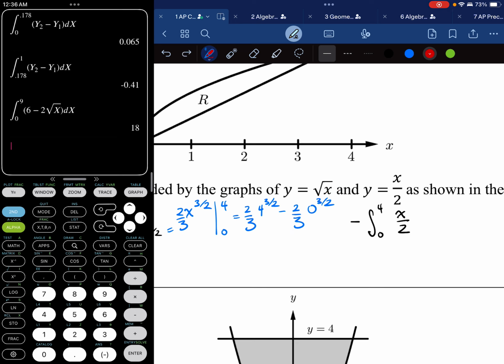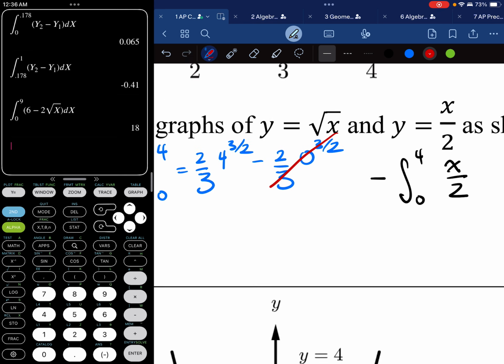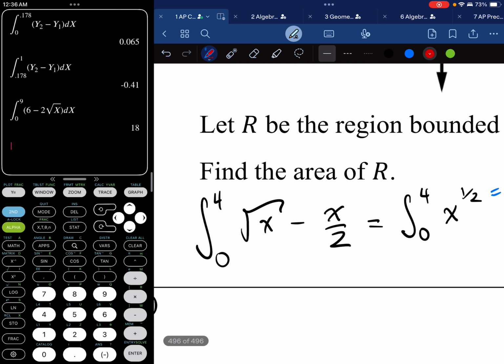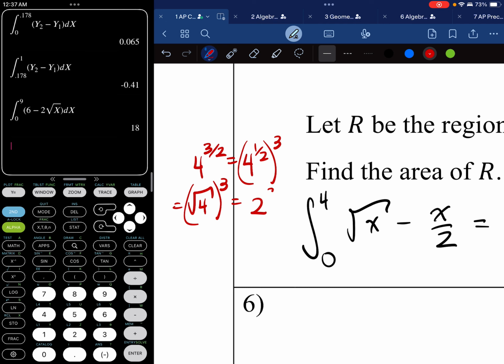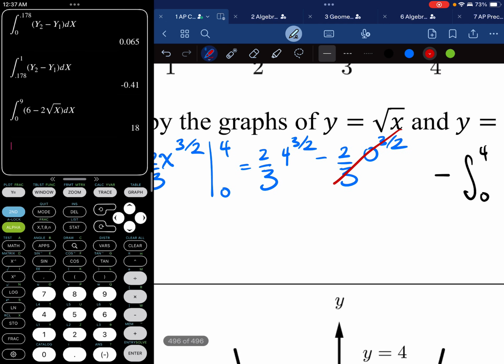I'm just going to cross it off and say it's gone. It's 0. And then I need to deal with what is 4 to the power of 3/2. Let's work on that over to the side. 4 to the power of 3/2 is the same thing as 4 to the power of 1/2, to the power of 3, which is the same thing as the square root of 4 to the power of 3, which is the same thing as 2 to the power of 3, which is the same thing as 8. So this whole thing turns into an 8.